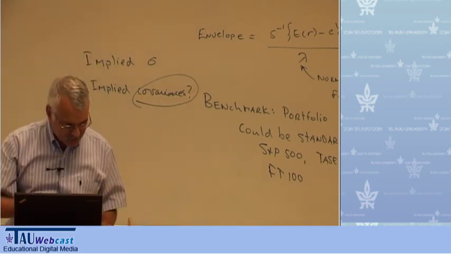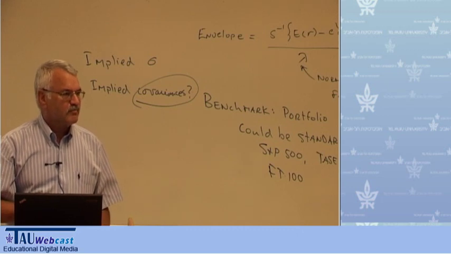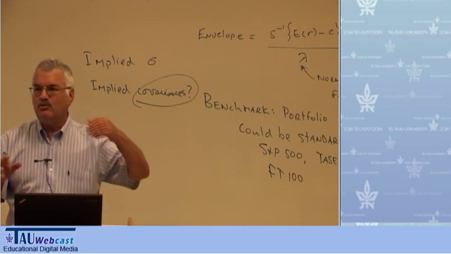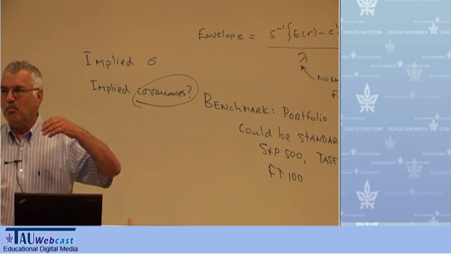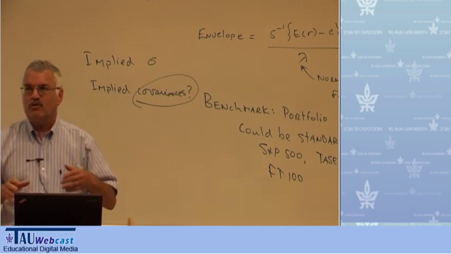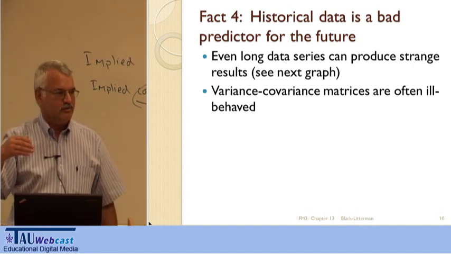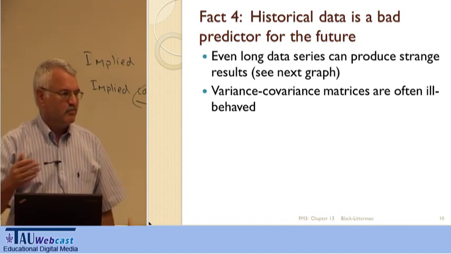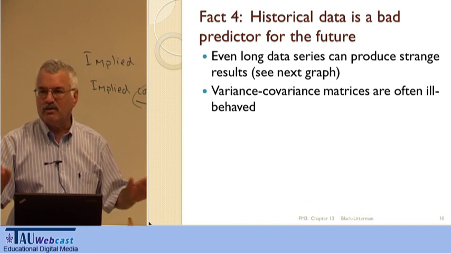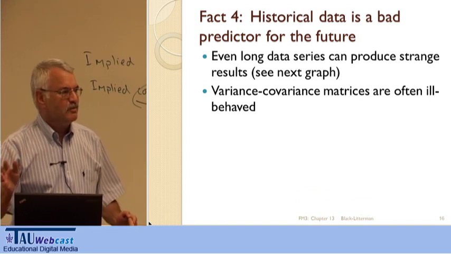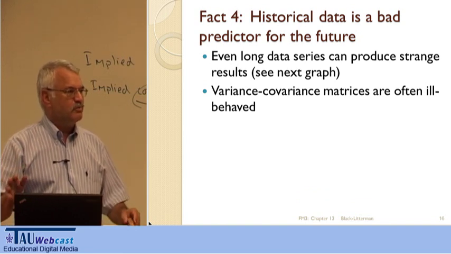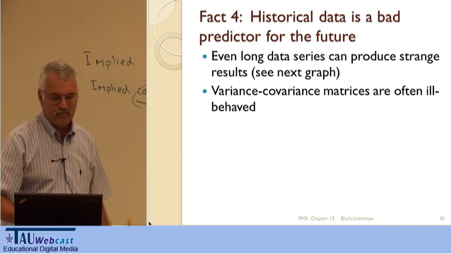Here's a good doctoral dissertation: can you find market data from which you have implied covariances, not the actual covariances, that's easy, but the implied. If you can solve that problem, then you're going to make a big contribution to investment theory.